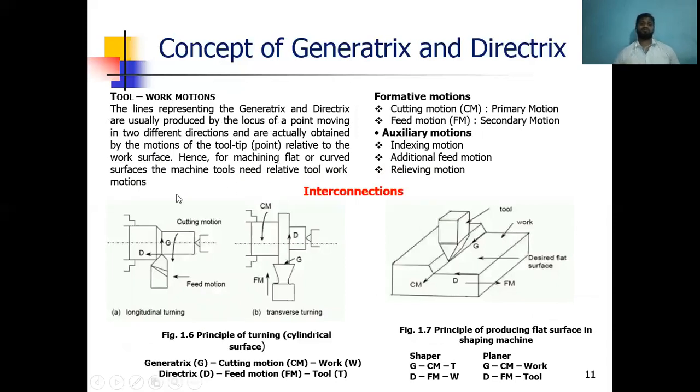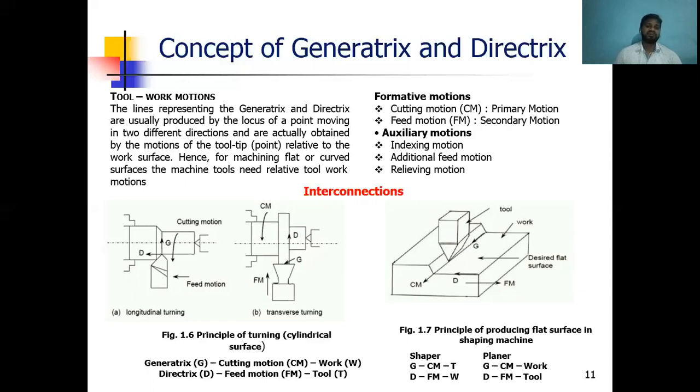Now coming to the working motions. The main working motion is the tool working motion. The lines representing the Generatrix and Directrix are usually produced by the locus of a point moving in two different directions and are actually obtained by the motions of the tool tip.